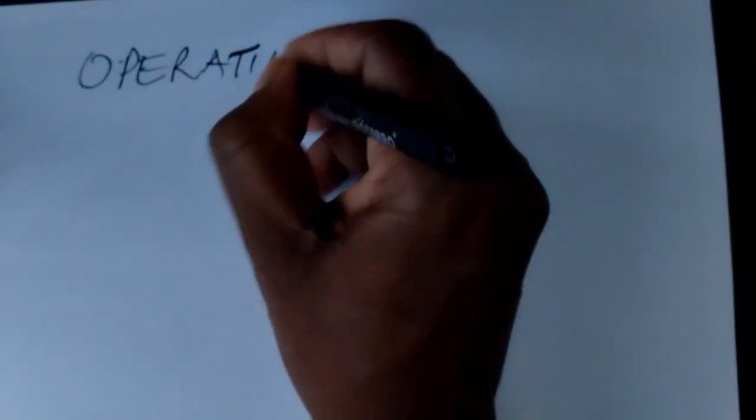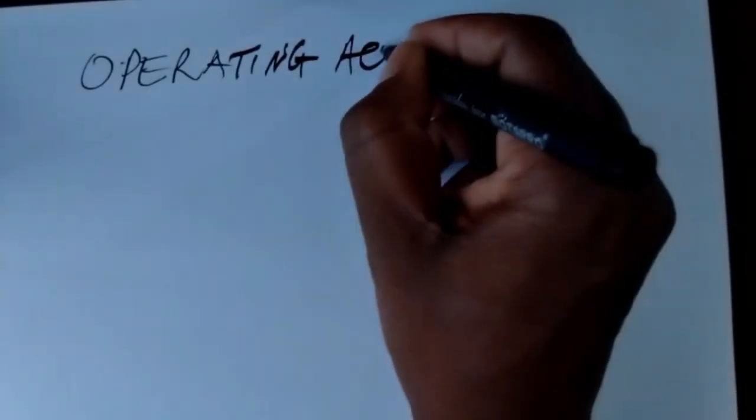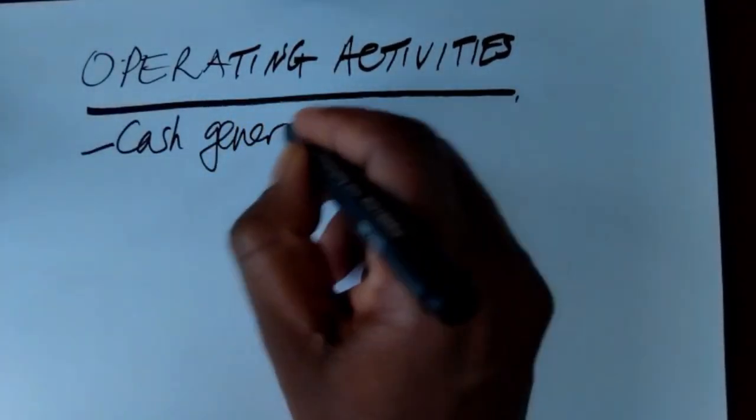It's operating activities or cash generating from operating activities, right? So when you talk of operating activities, the first item there, you need to just know the structure, because this is what you're going to get. The first item when you look at operating activities is going to be cash generated from operations.